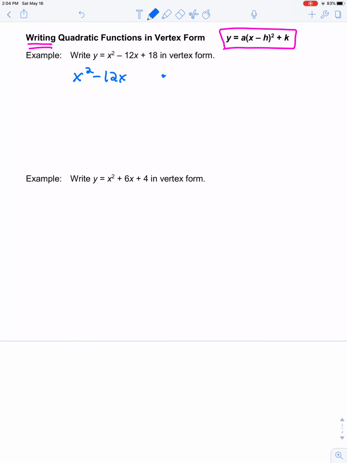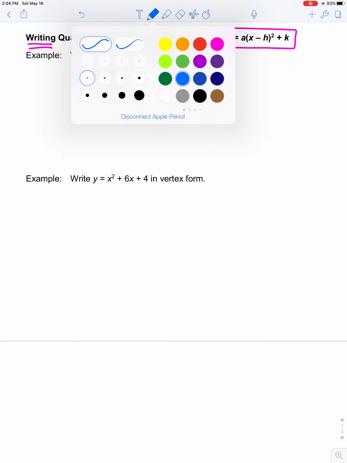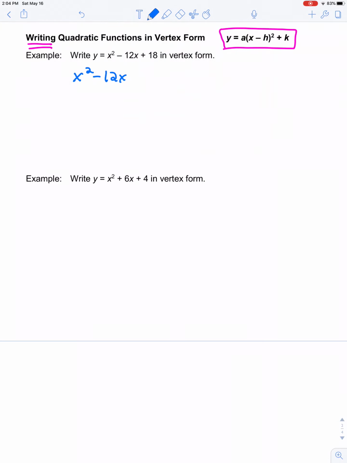So we're going to bring 18 to the other side by subtracting 18. So we get, I'm sorry, I'm going to make a little space here, negative 18. Okay, so then we are going to add what?